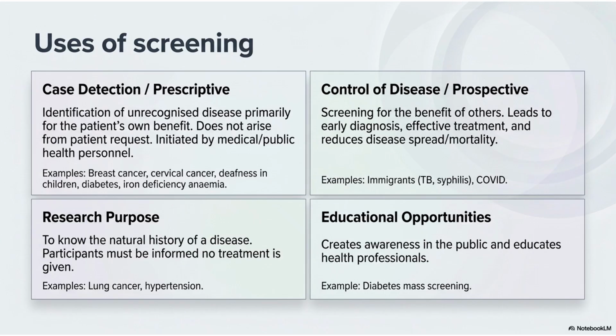To know the natural history of disease, to know deeply about the disease which we don't know properly, and we should inform the participants beforehand that we are doing it for research purpose and because of this no treatment will be given. Examples are to know the natural history of lung cancer, hypertension. To know in depth about any disease we can use this screening.